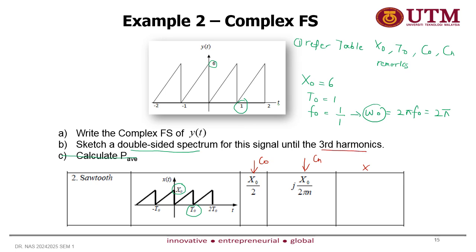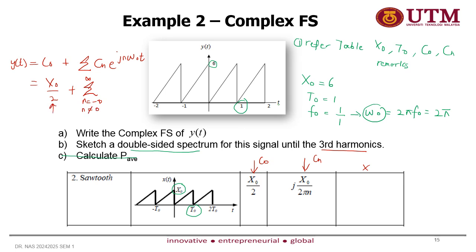So don't forget the general equation. In this case, y(t) equals c naught plus the summation of cn e^(j n omega naught t). You already know c naught equals x naught divided by 2, plus the summation over all n from negative infinity to infinity except n equals 0, because that is for n equals 0.